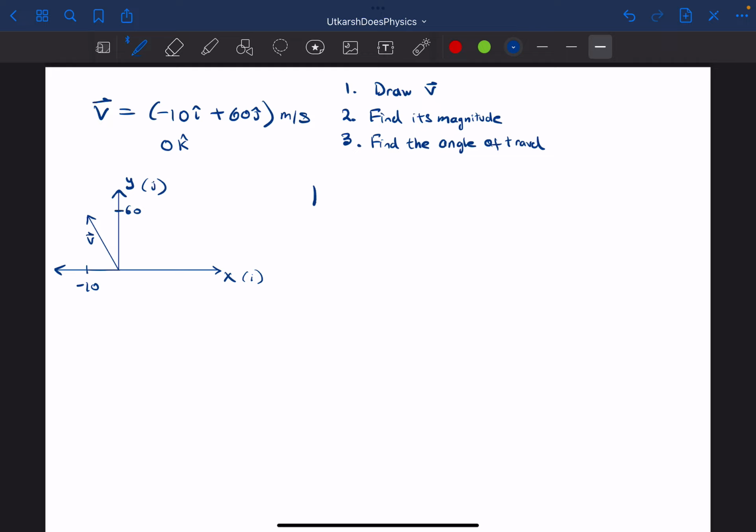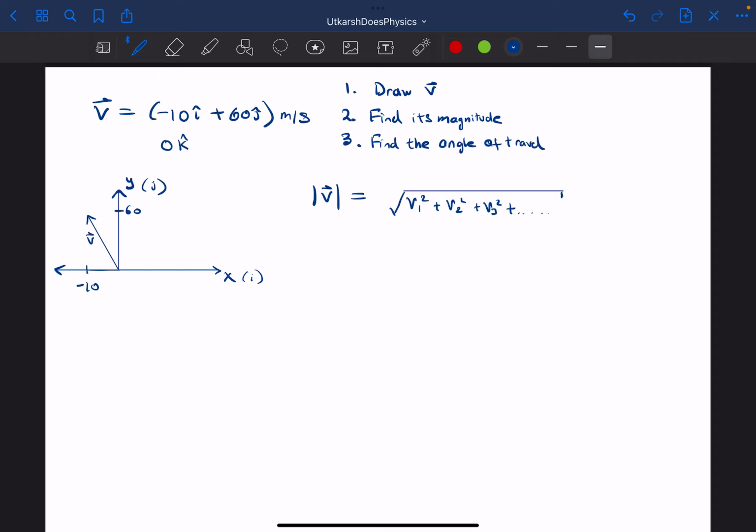Well, the magnitude of any vector is equal to the square root of the sum of the squares of its components, which means square root of v1 squared plus v2 squared plus v3 squared plus etc.